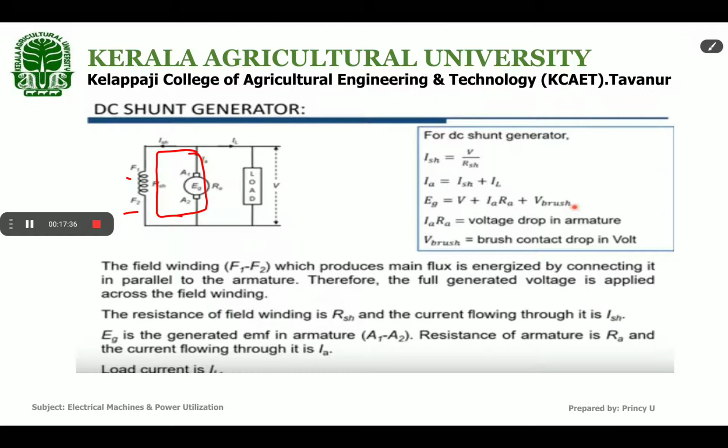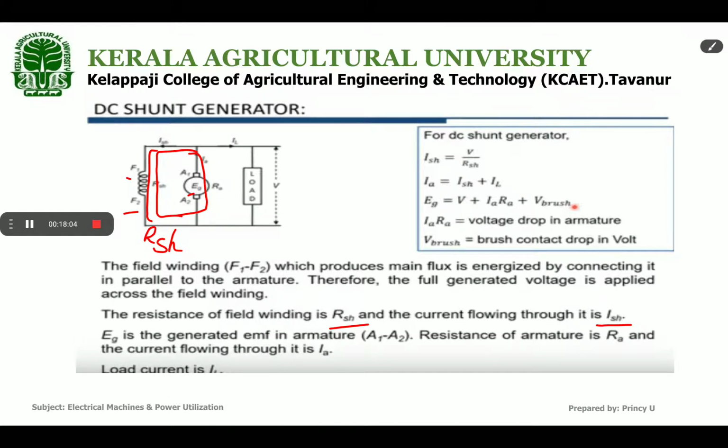Therefore, the full generated voltage is applied across the field winding. Full generated voltage EG is applied across this winding because it is connected in parallel. The resistance of the shunt field winding is represented by RSH, and the current flowing through it is ISH, the shunt field current.